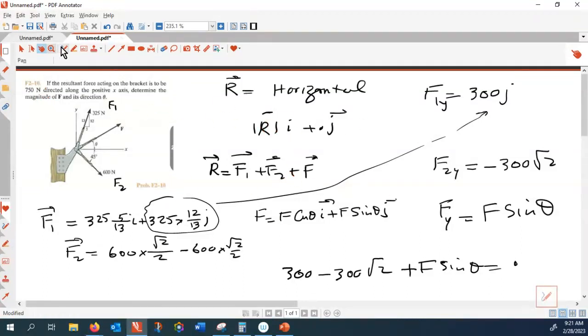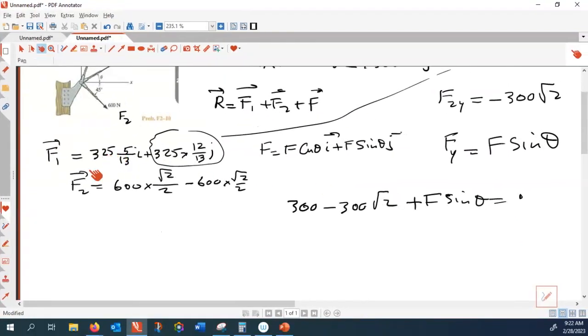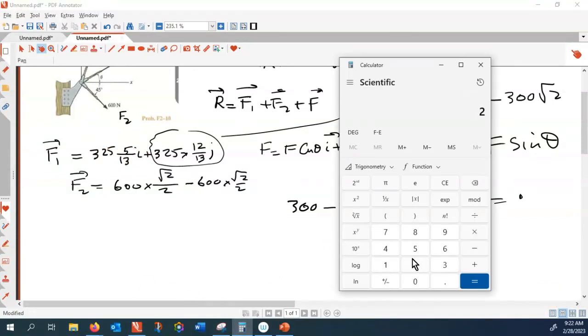If I want to expand this equation, that is equal to 750 plus 0j. All right, so let's add all the x components together. 325 divided by 13, that's 25. 25 times 5, that's 125. So f1x.